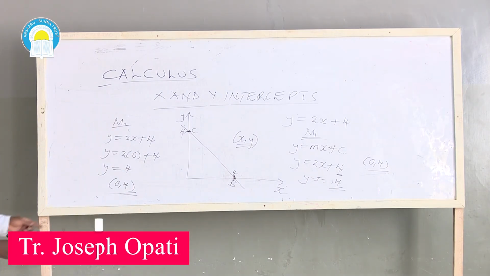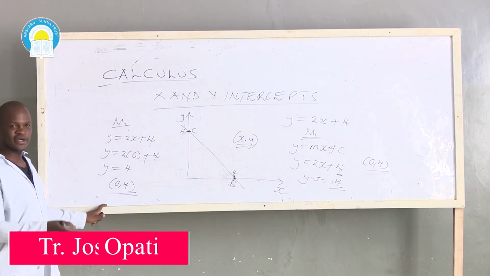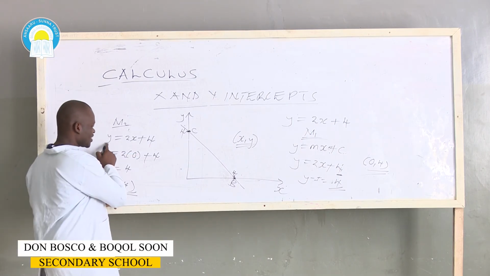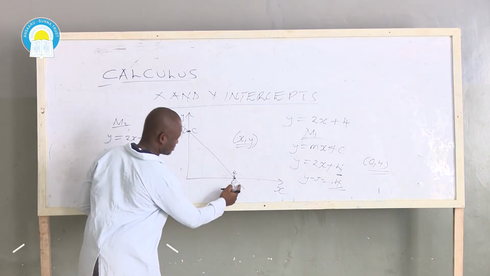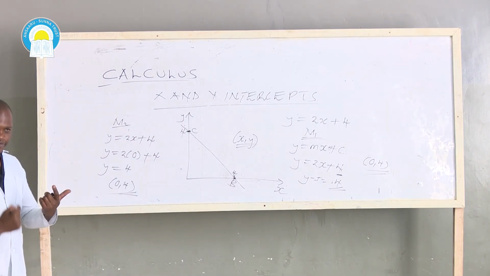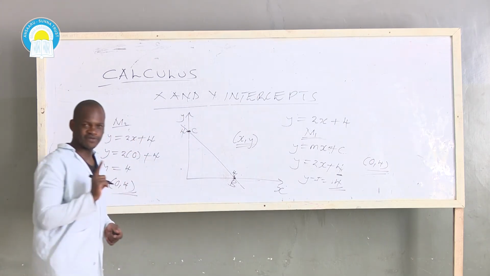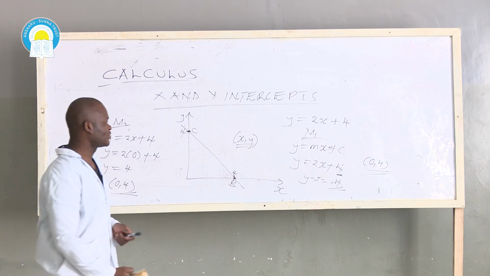Now, the question is, how can you get the x-intercept? If you're very keen, a similar approach will be used, but now in the reverse form. The argument here was at y-intercept, x is 0. Now, to get x-intercept, we shall use the reverse argument that at the x-intercept, the value of y is 0. So, how do you get that?